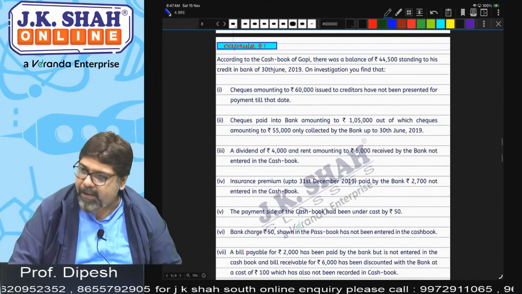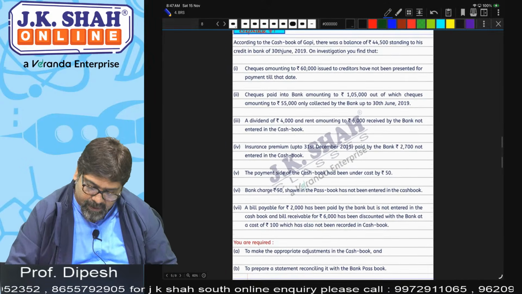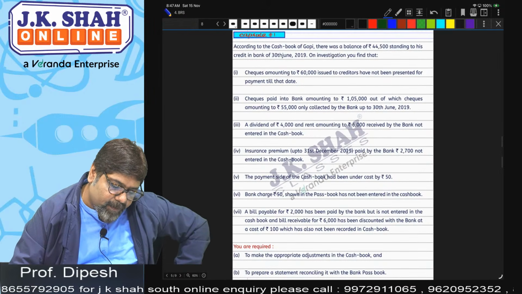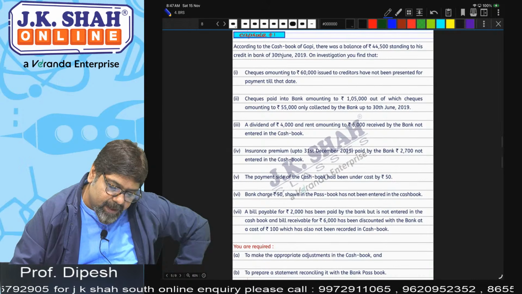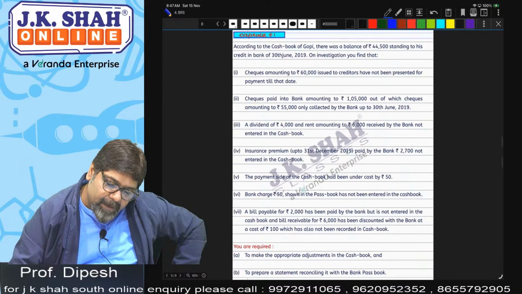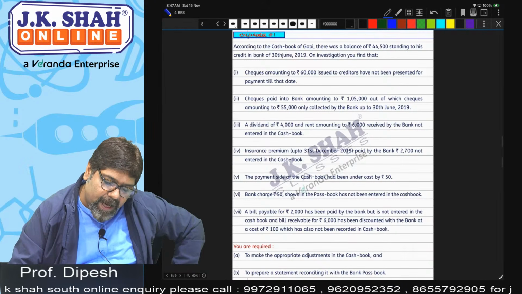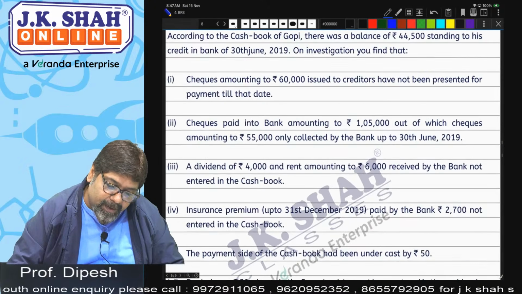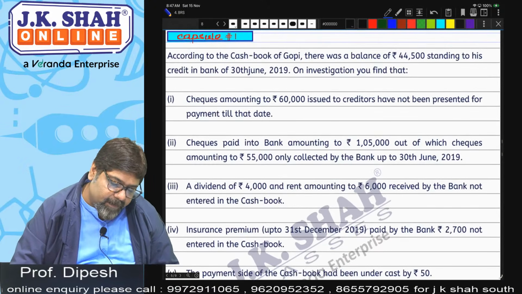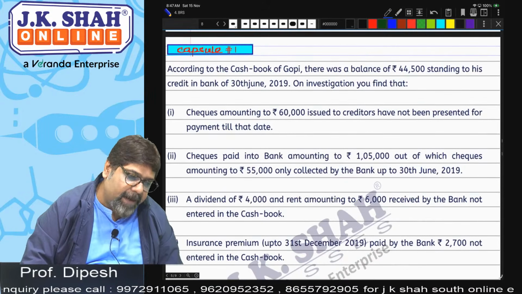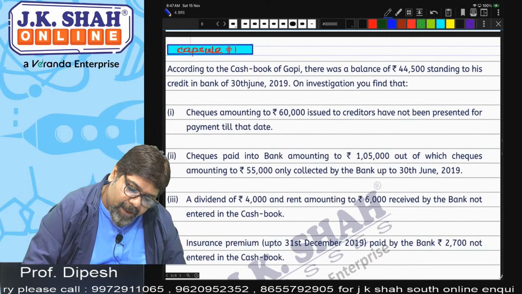Now, this question. According to the cash book of Gopi, there was a balance of 44,500 standing to his credit in bank on 30th June 2019. So this is bank balance as per cash book.